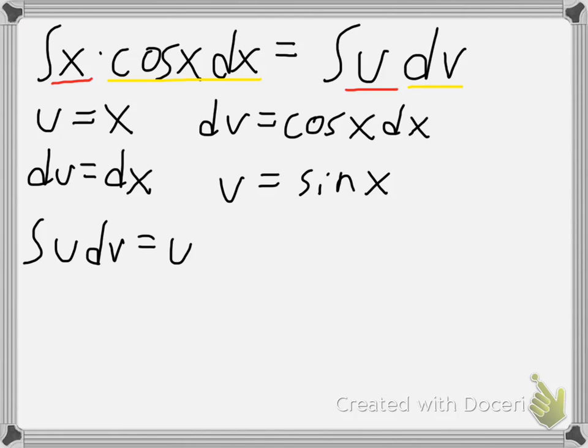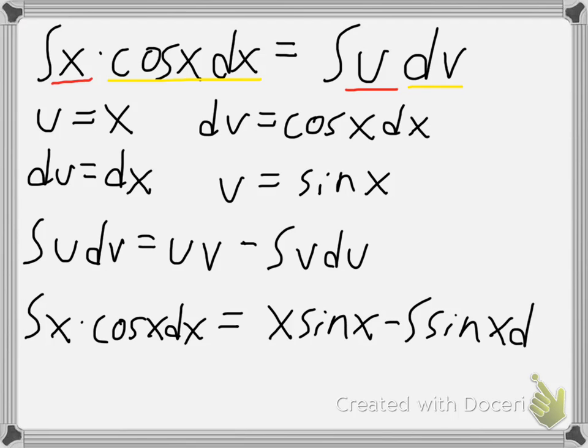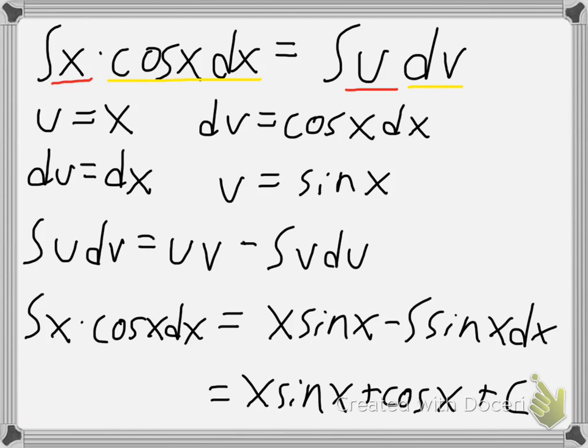So now remember the equation that we found before, and now that you have all the values, you can just plug them in. So we find that the integral of x cos x dx equals x sine x minus the integral of sine x dx, which is equal to x sine x plus cos x plus c.